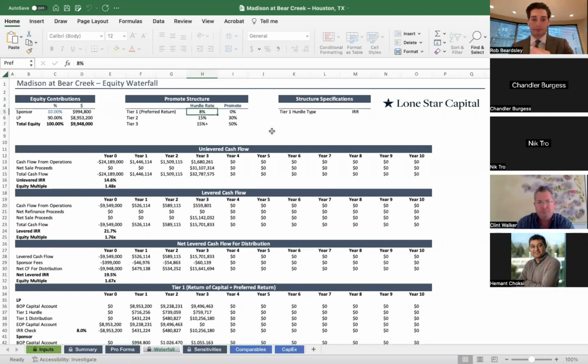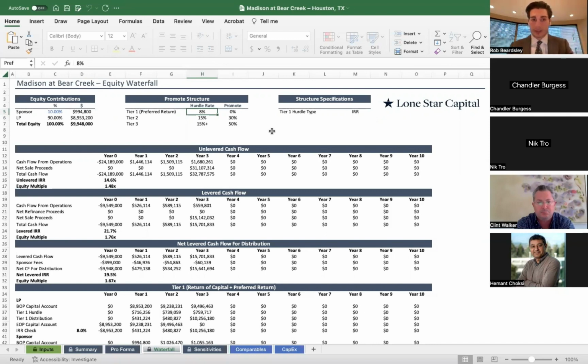So in our example here, we have an 8% pref, and we use an IRR hurdle, which just means that we actually have a return of capital before we're able to take our sponsor promote.